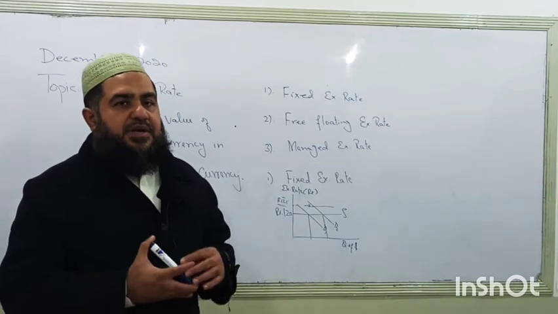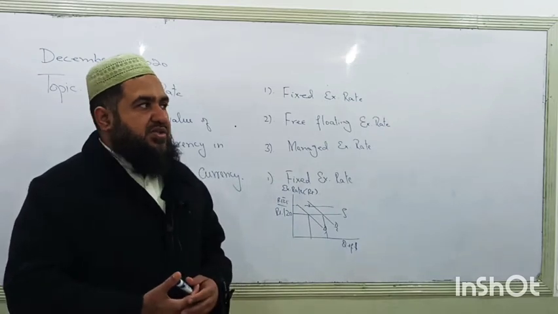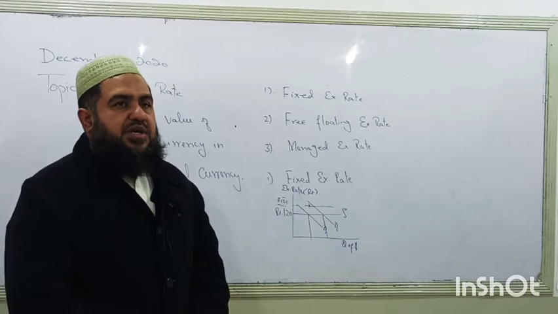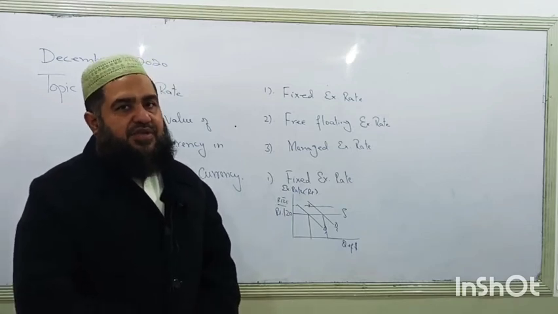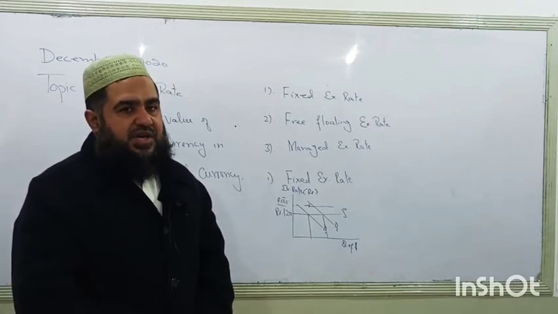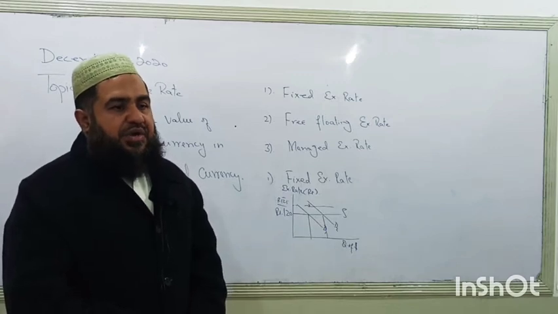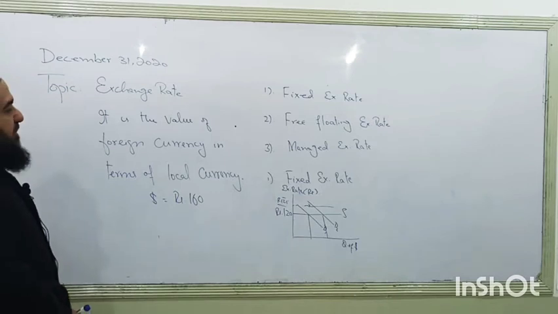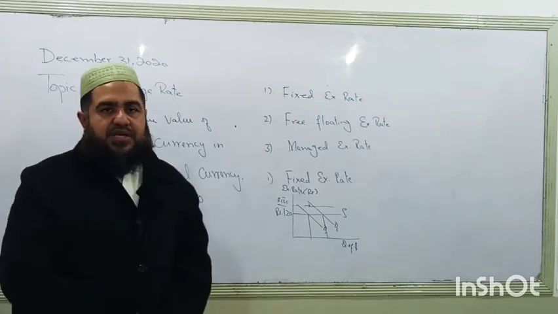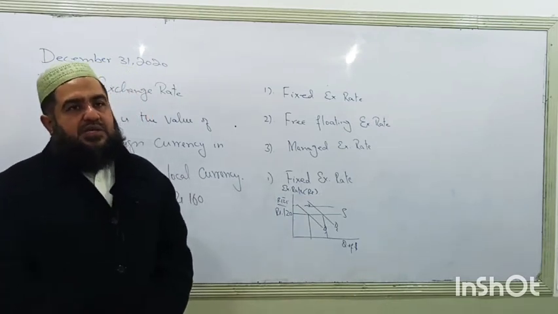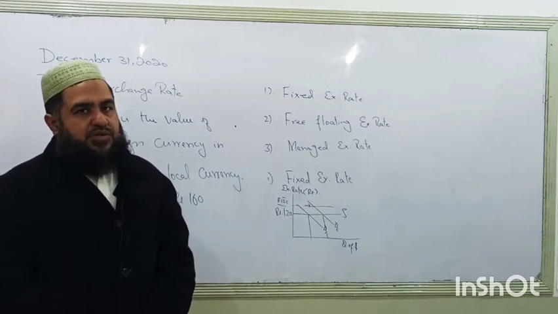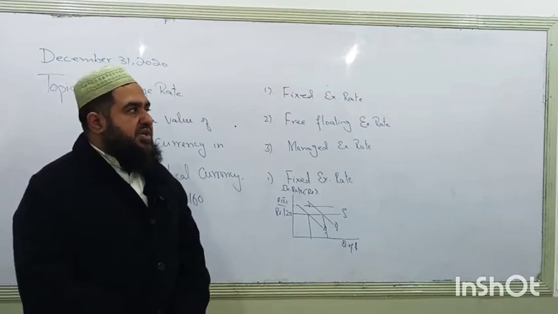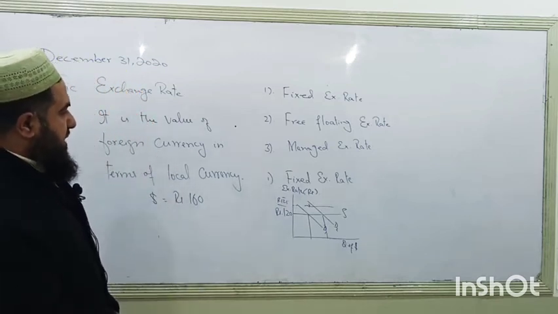Devaluation means the government itself is announcing that now the exchange rate will be 125 rupees instead of 120. This is by the discretion and intention of the government to devalue the currency, and that will help increase the export volume by the exporters and decrease the import volume, as imports will have higher prices in terms of local currency due to devaluation announced by the government.